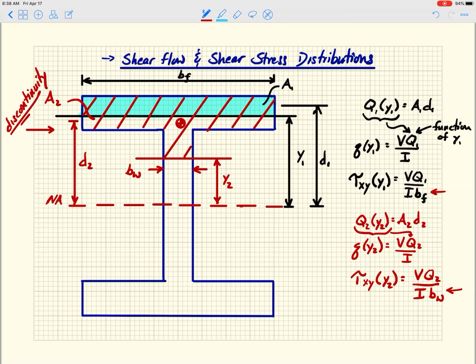And again, the reason is just that the width is changing, right? So I basically have two widths. If I'm a little bit above, I use the bigger width, which gives me a very small shear stress. If I'm a little bit below, I use the smaller width. It gives me a much larger shear stress, right?